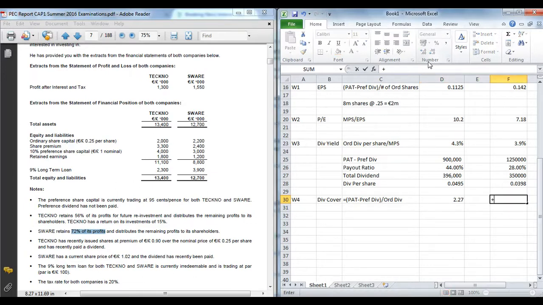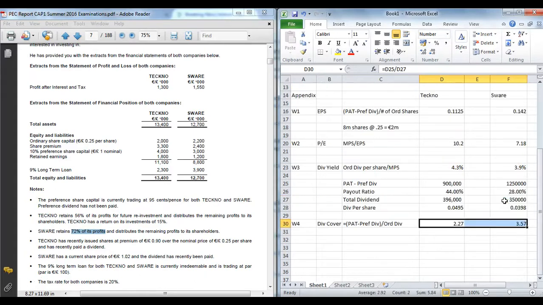In the case of Swear, it's 1.25 million over 350,000. So in that case, you have even more cover. So the dividend looks a bit safer in terms of its ability to pay, because the profits for the year are 3.5 times the dividend for the year. So profits could fall a good bit before you would not be able to afford to pay a dividend.